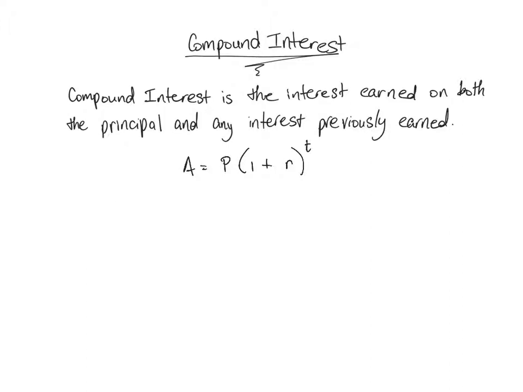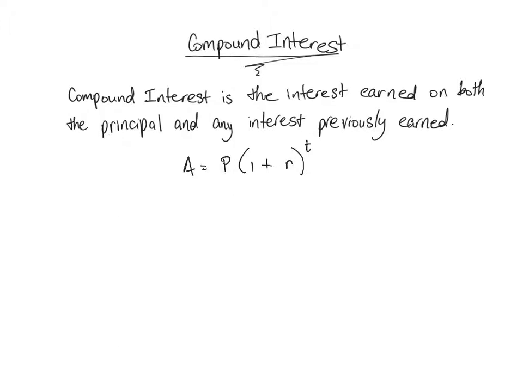Now, a little word of warning: depending on which class you're learning this for, or which teacher you have, or which video you're watching, the notation may be slightly different. So it's important to understand exactly what these parts of the formula are in order to convert the formula to whatever you're doing in your class.